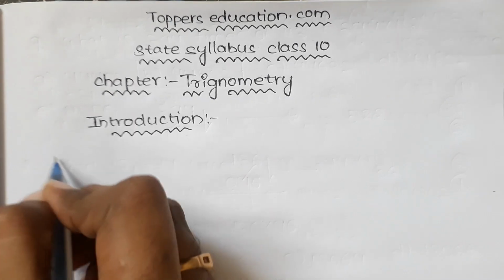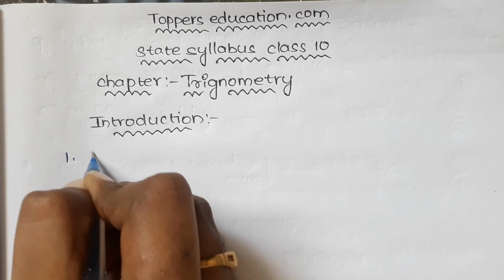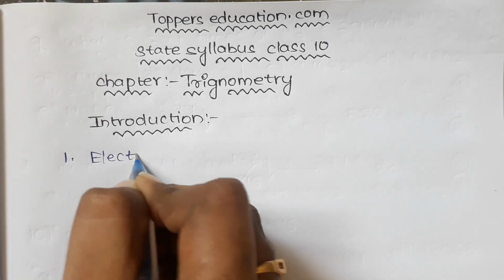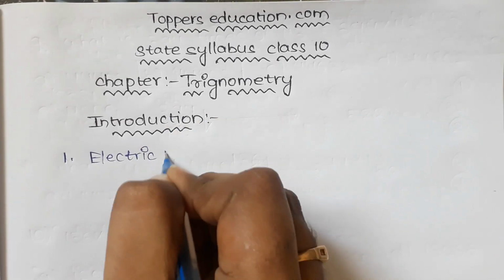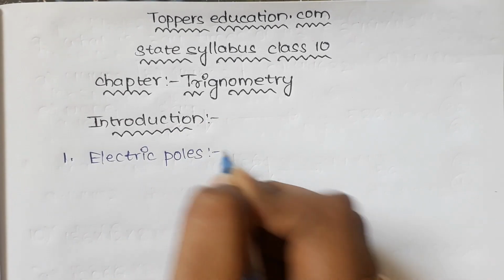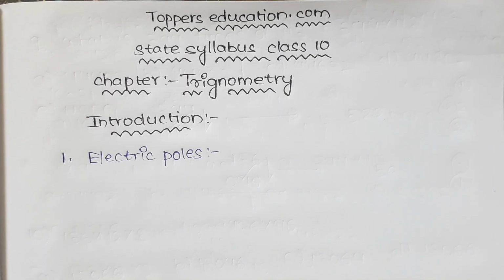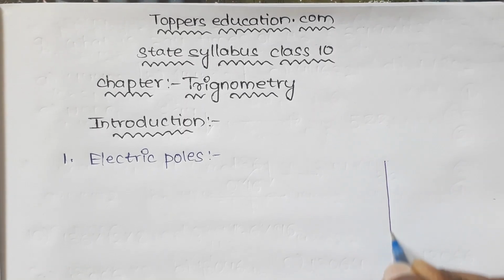And the first example is electric poles. Electric poles, as we see many in our daily life. Now let us see about it. Let us see the figure here.